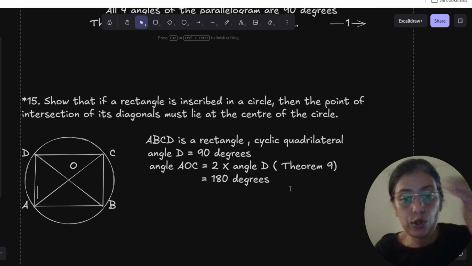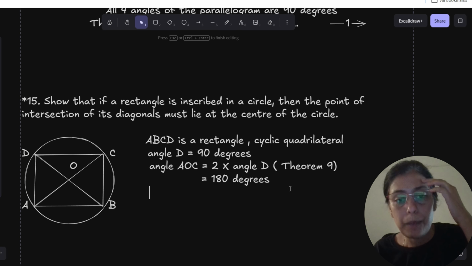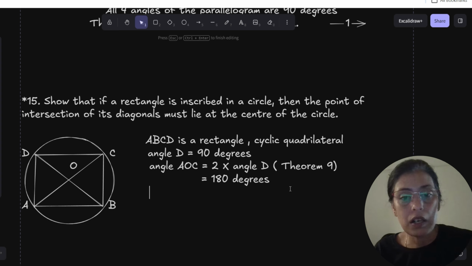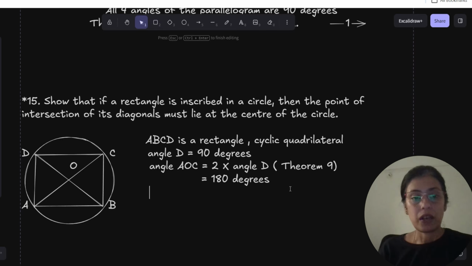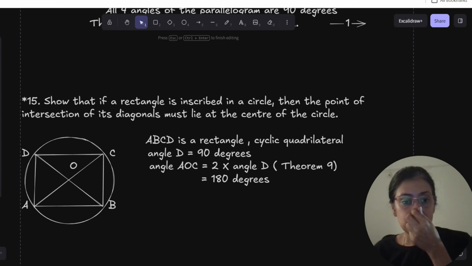Now we have also seen that it's the diameter of the circle, right, which subtends the angle 90 degrees. Or maybe we can prove it in another way also. So angle AOC is 2 into angle D, 180 degrees.